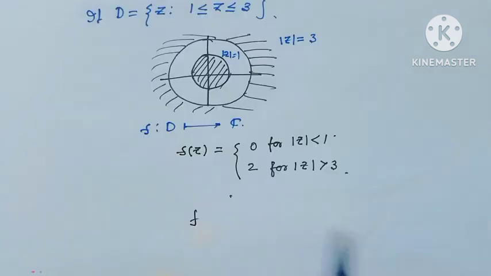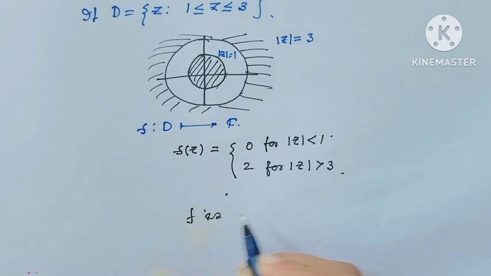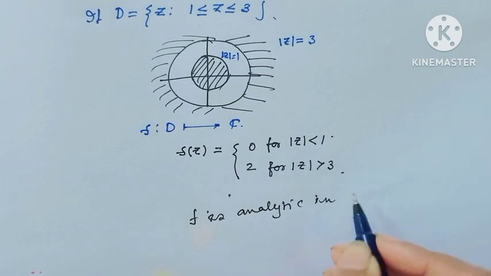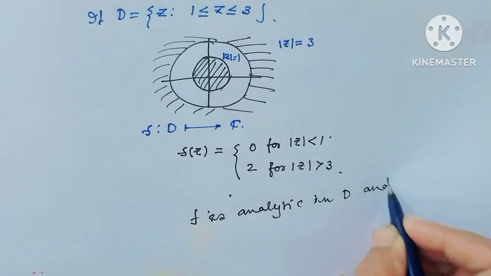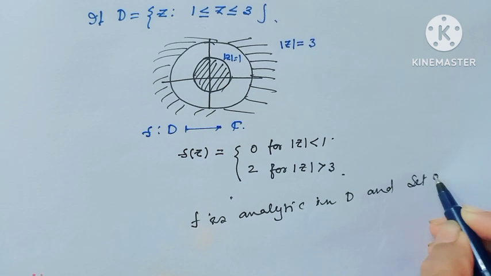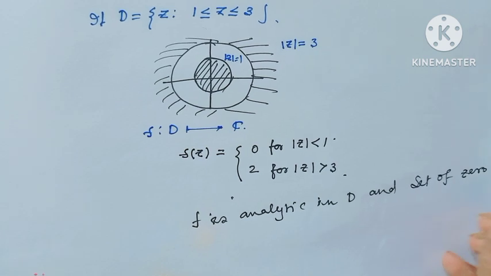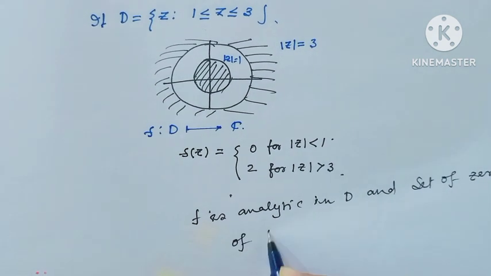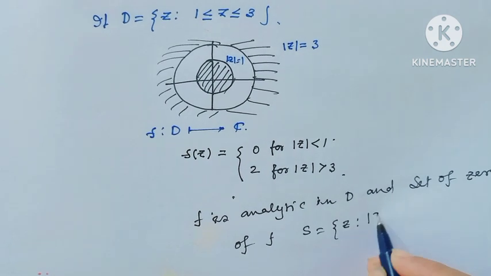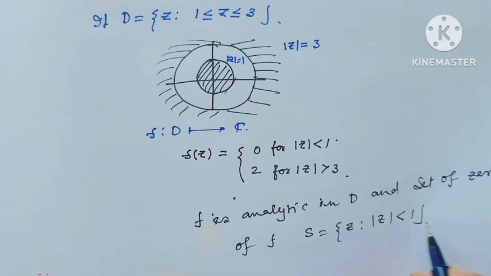Notice here f is analytic in D, and the set of zeros of the function f is S equal to the z such that |z| < 1.